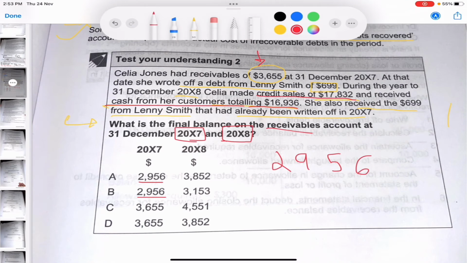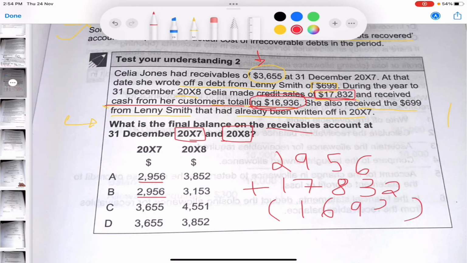Now, she made a credit sale of 17832, so we are going to add 17832. She received cash from the customers, 16936, which means that much receivables will go out. She received 16936.